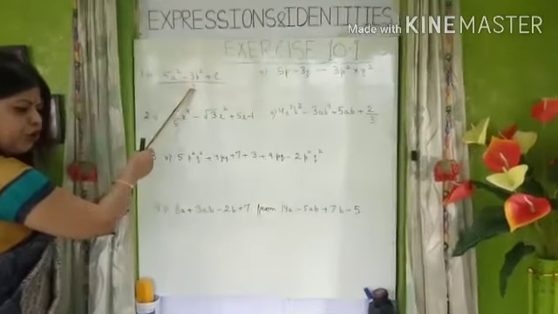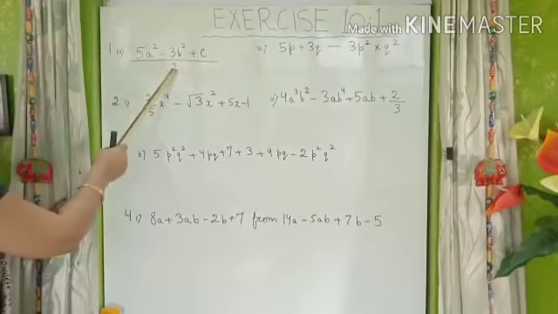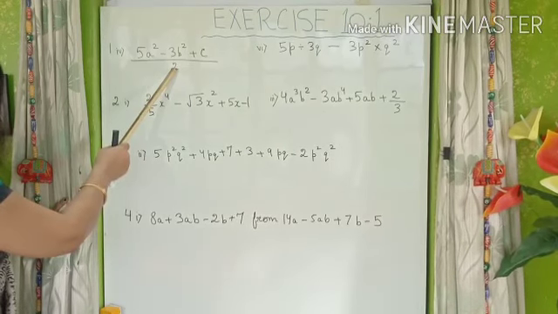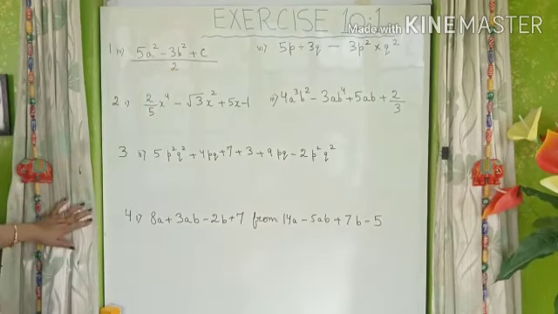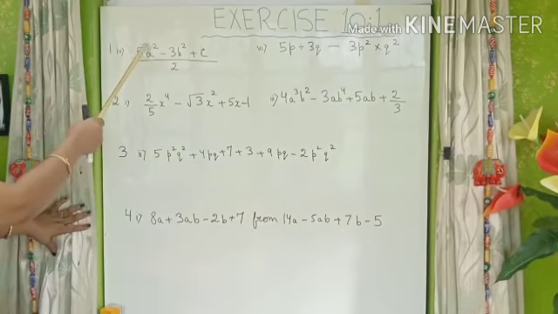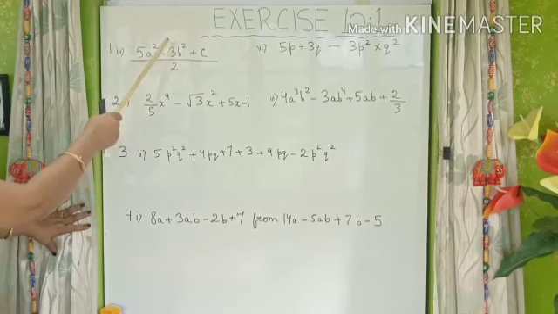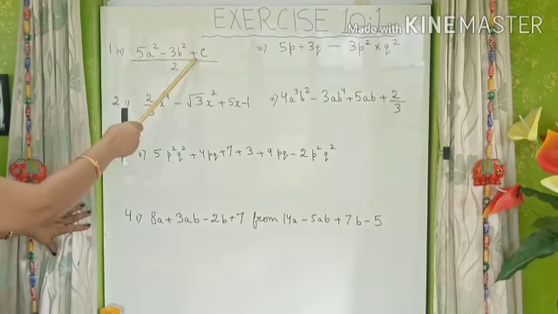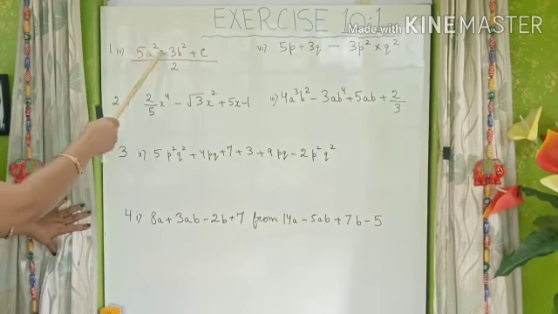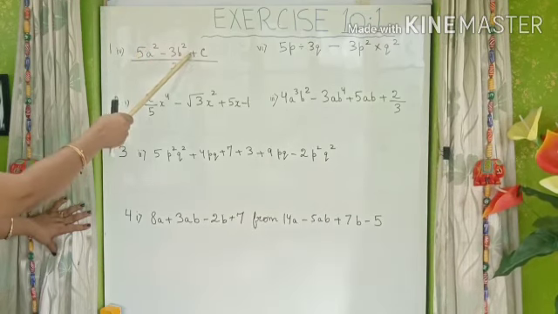If you see your book, the first question is, you have to identify monomials, binomials and trinomials. I have told you students, if the terms are separated by a plus or a minus sign, then they form different terms.